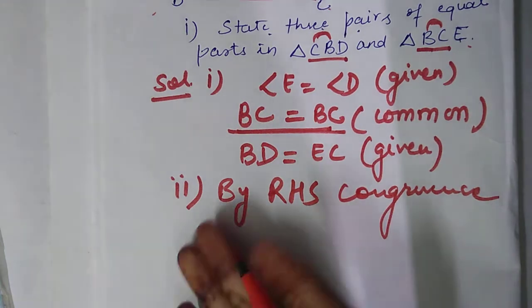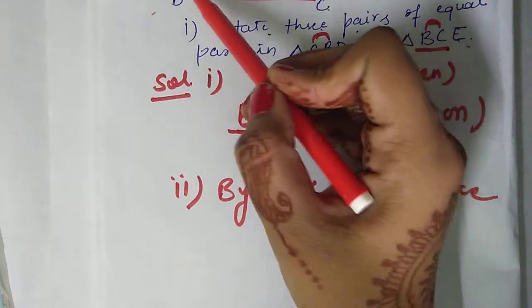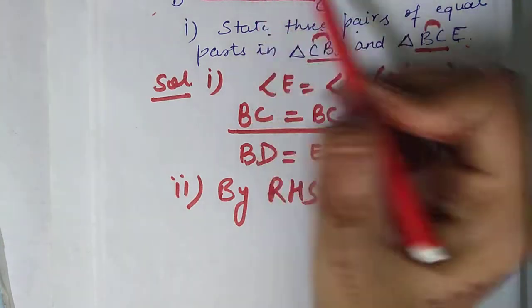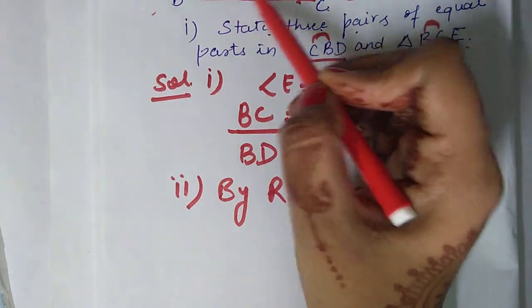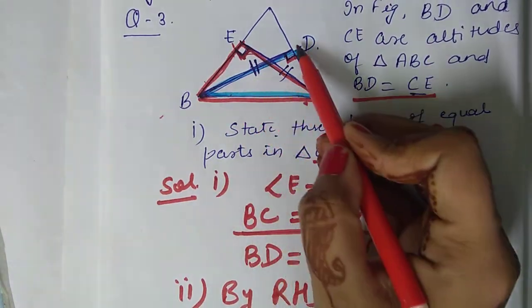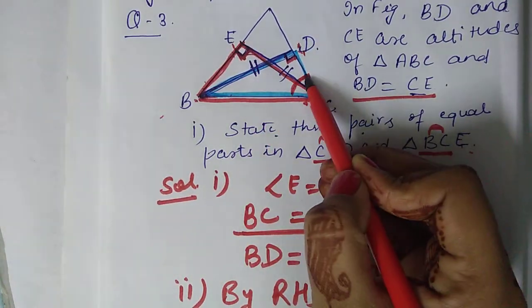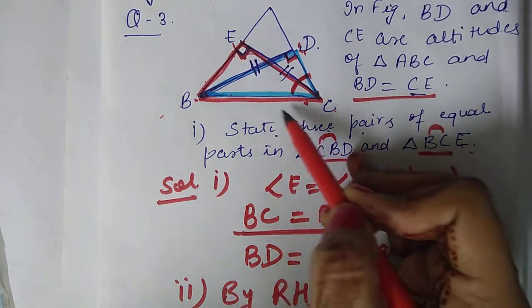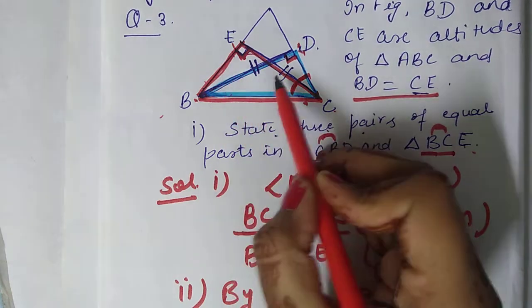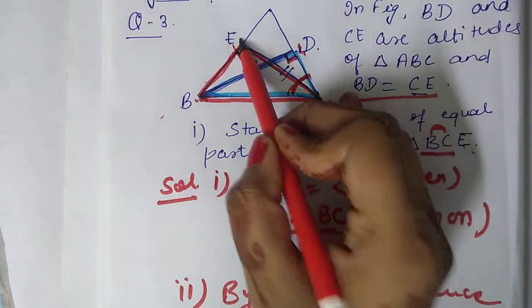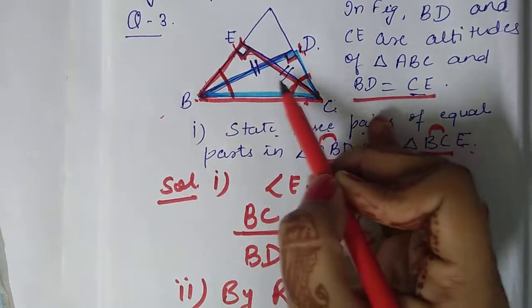Now third part, are the angles DCB and EBC equal?